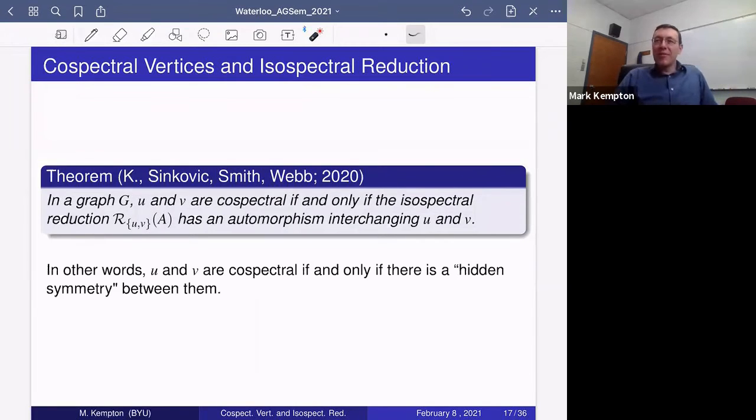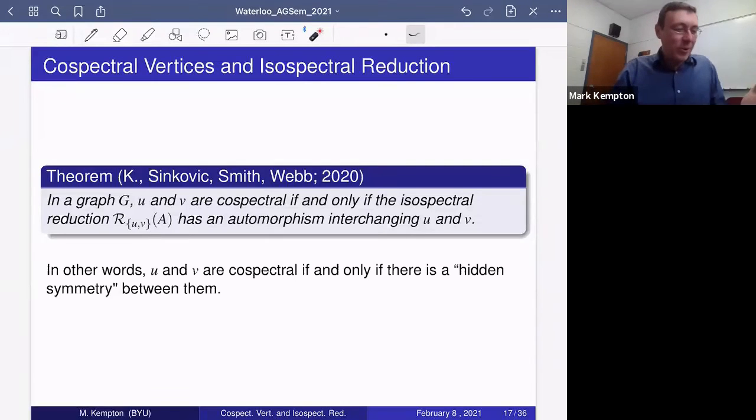And he was in the middle of thinking about isospectral reductions and all these hidden symmetries. And as he heard me talk about cospectral vertices, which are a generalization of automorphisms, he thought, I wonder if this has anything to do with these hidden symmetries that we've been studying. So we decided to think about it a little bit.